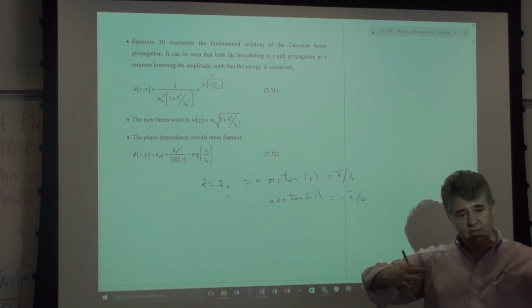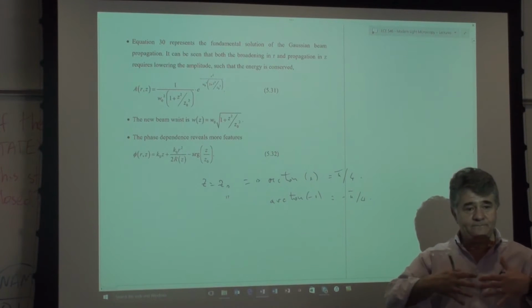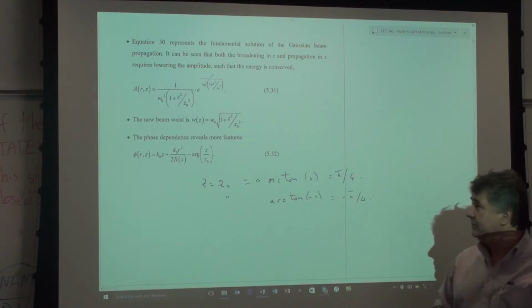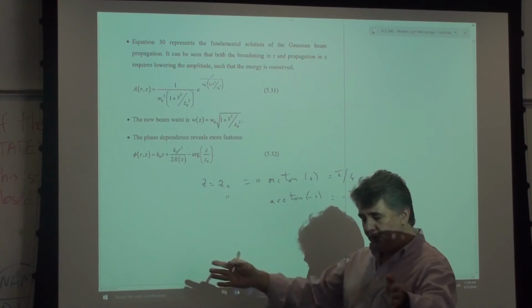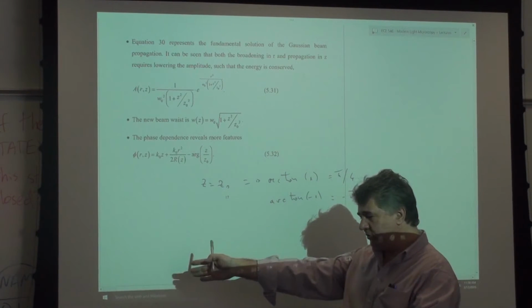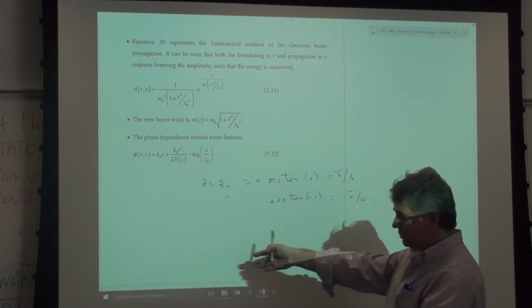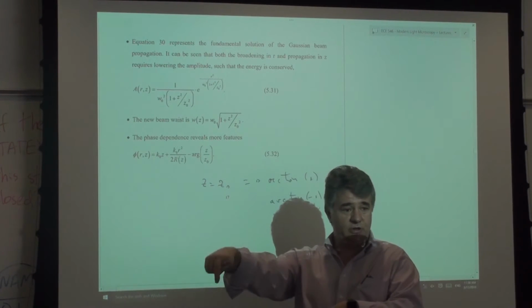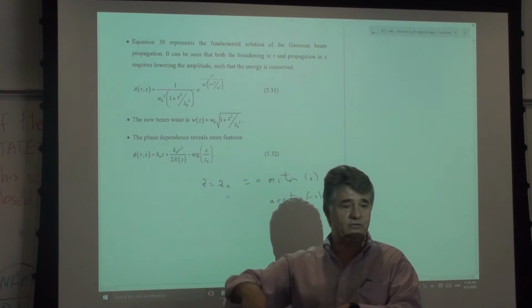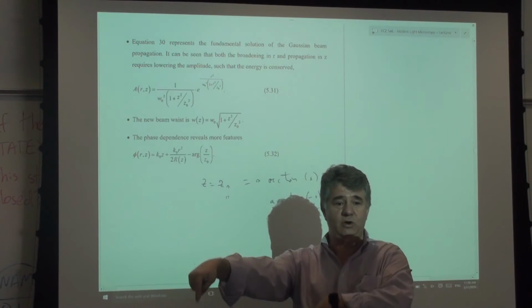When you put many k's together, the problem is that there is an average kz that plays a role. On the z-axis, you have contributions from all these components of the k vectors, and the average of that k vector is no longer k naught. It's not acting as a plane wave of wave number k naught.